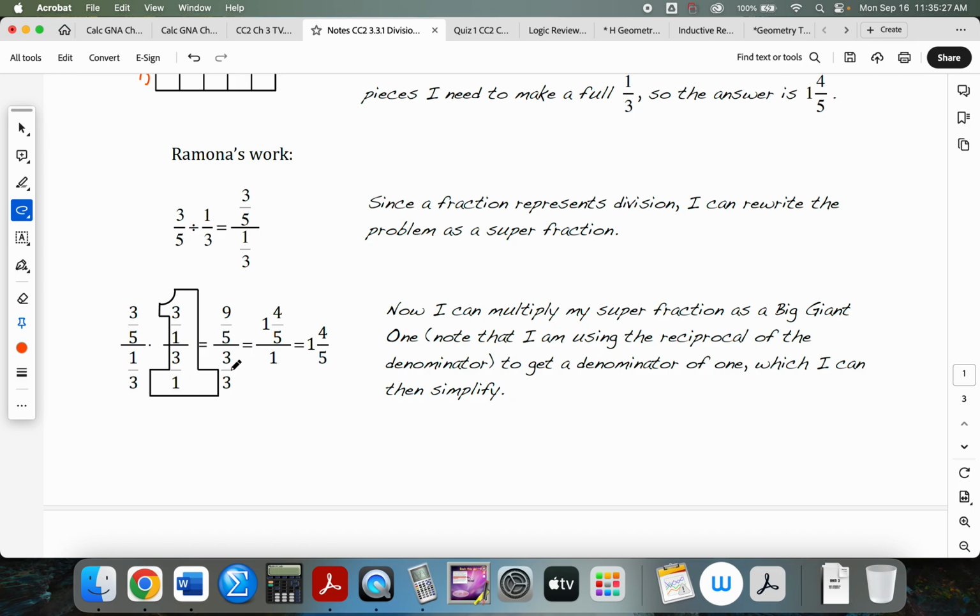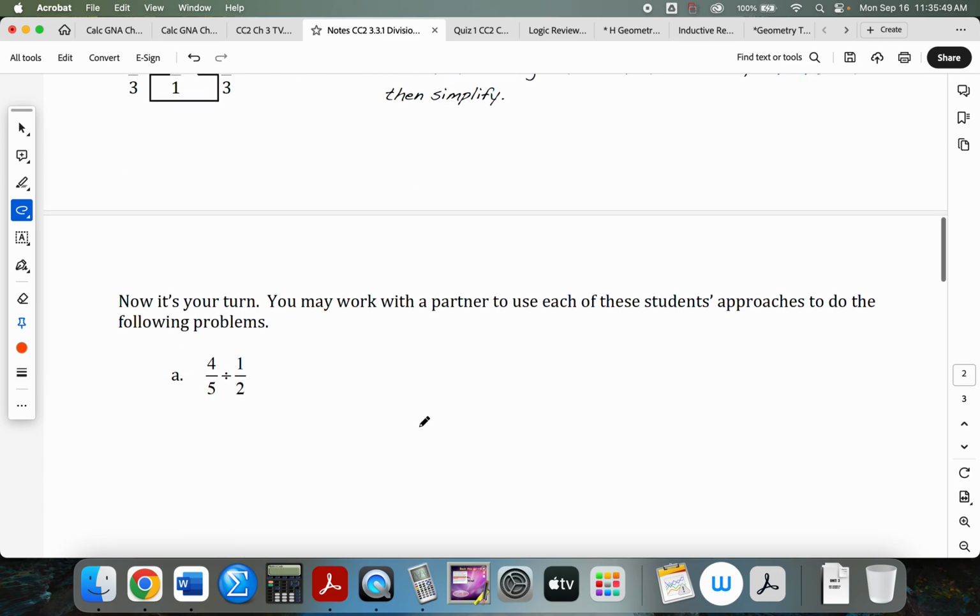The nice thing about that is that up here on top you get 9/5. On bottom you get 3/3, which is 1. And any number divided by 1 is itself. So what she multiplied by is the reciprocal of the denominator, which you can then simplify.